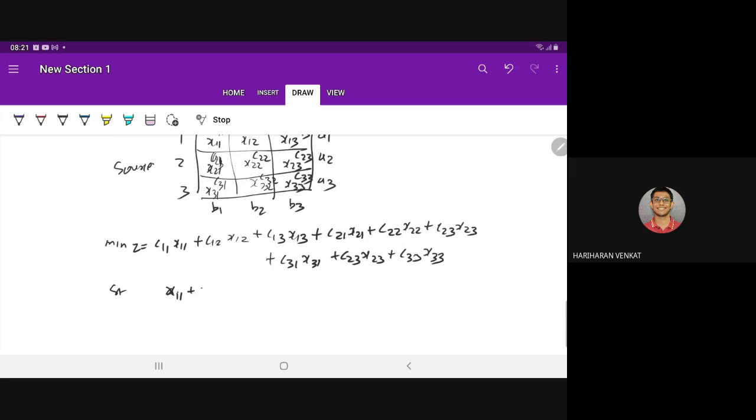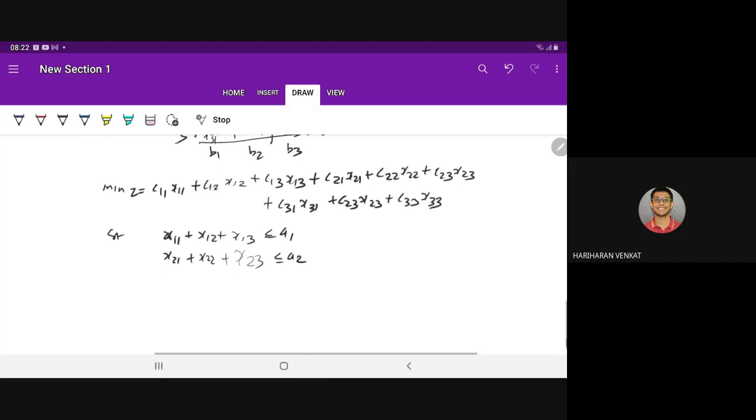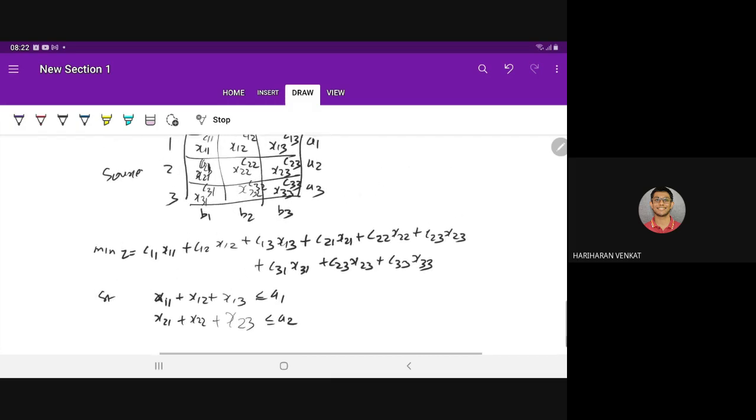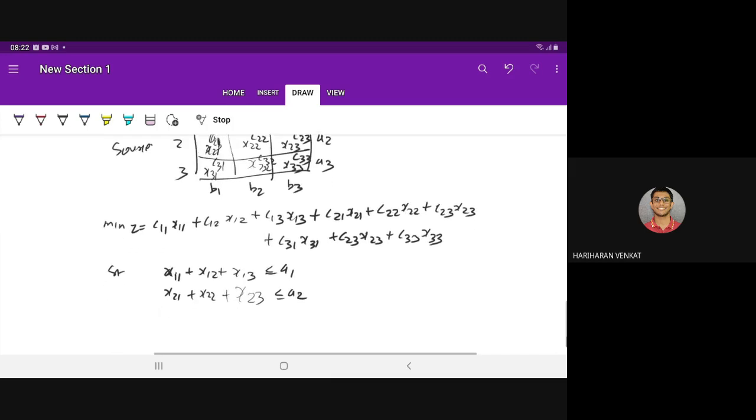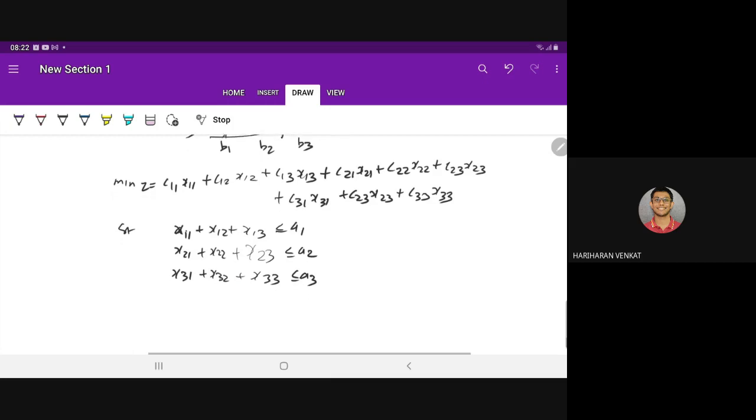X11 plus X12 plus X13 less than or equal to A1. X21 plus X22 plus X23 less than or equal to A2, or you can say equal to also, because generally we do complete allocation. And then X31 plus X32 plus X33 less than or equal to A3.